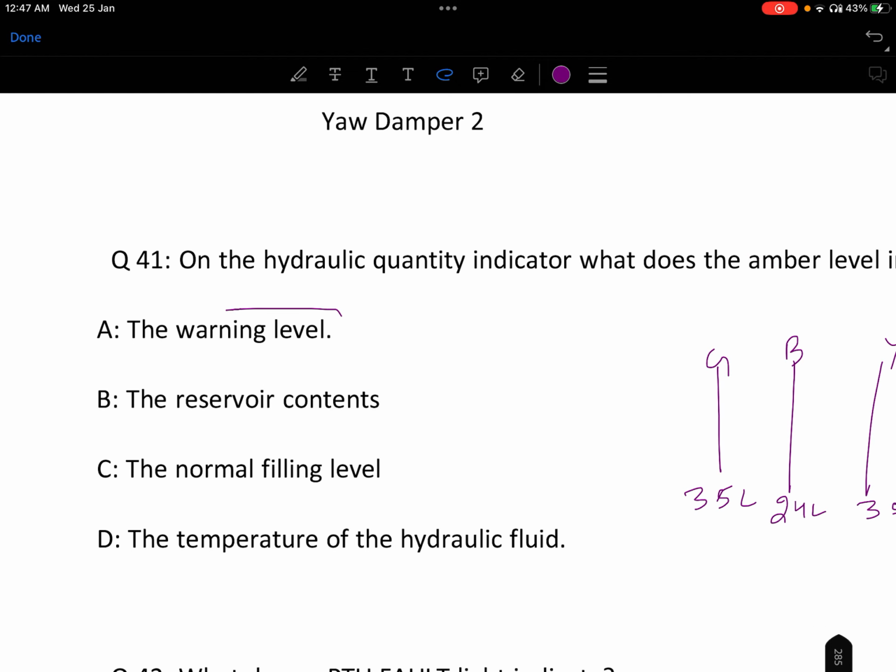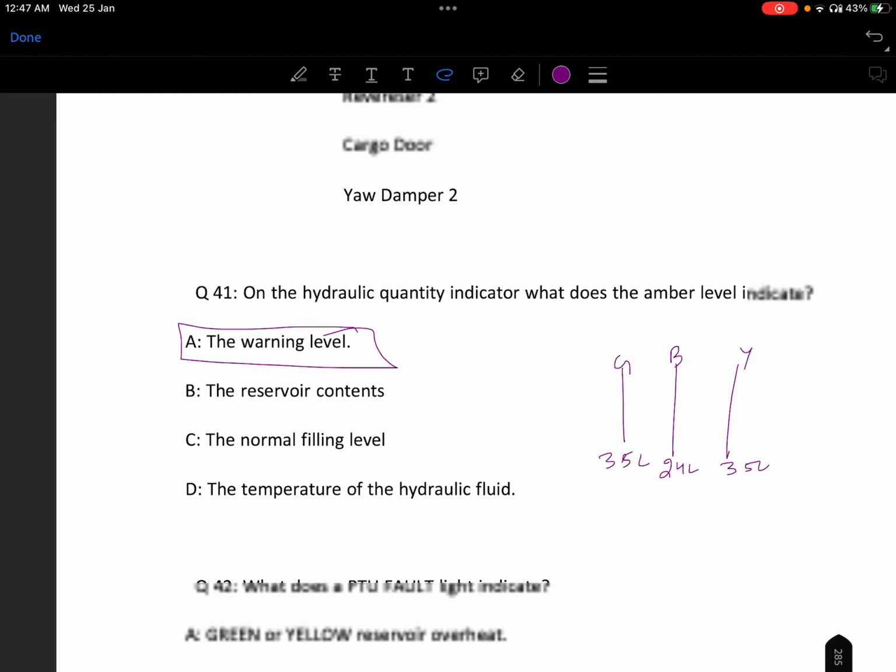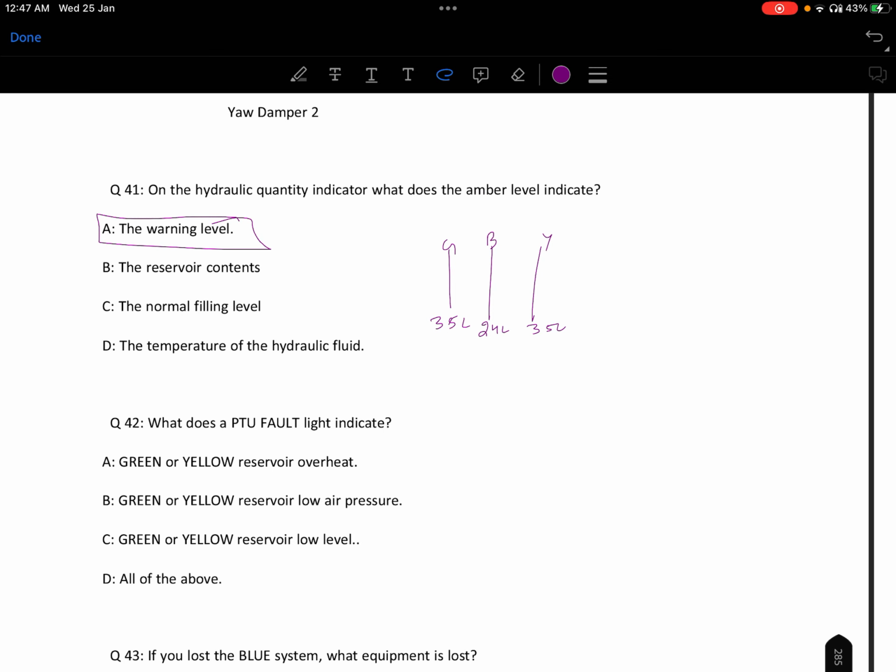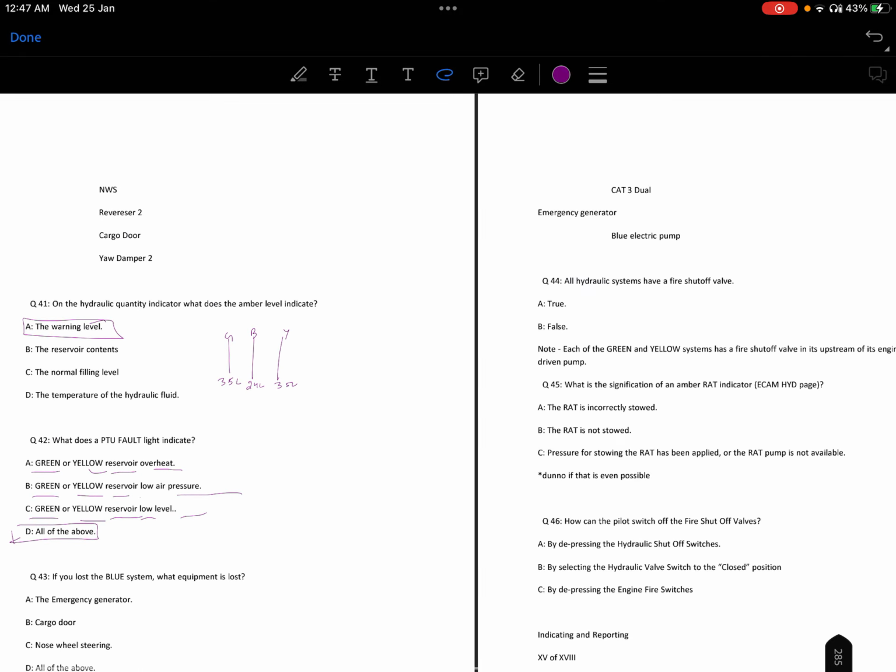For green system, it was 3.5 liters. For yellow system, it was 3.5 liters. And for blue system, it was 2.4 liters, right? So it was the warning level.